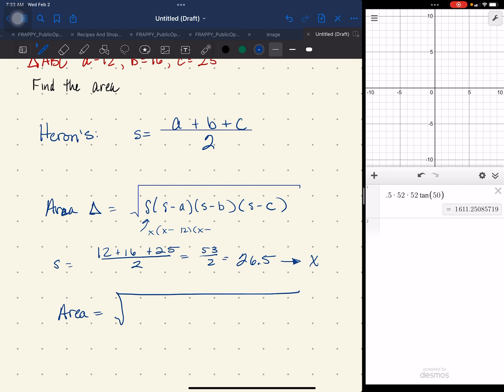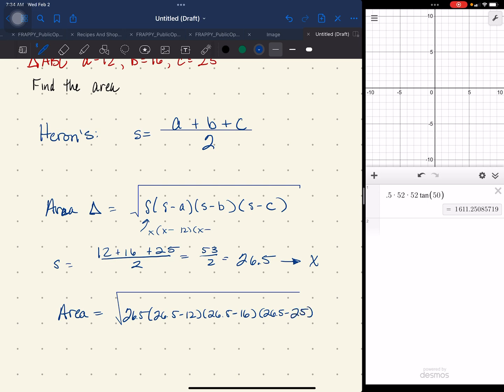Area equals, and we'll take 26.5 times 26.5 minus 12, 26.5 minus 16, and 26.5 minus 25.